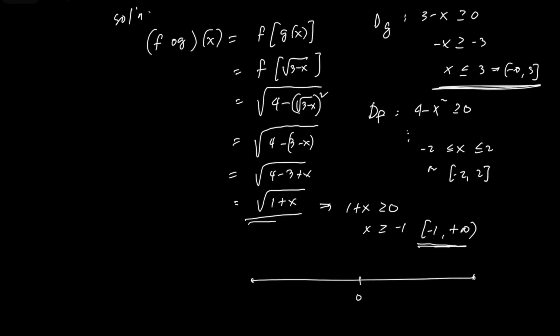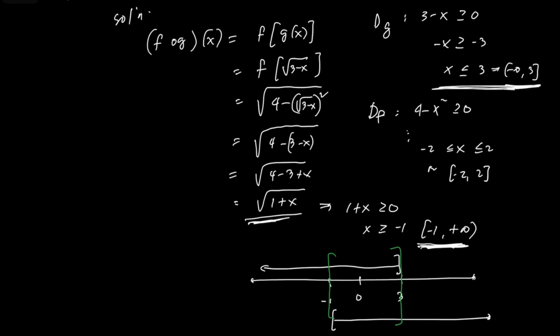So basically, if we take the real line, if this is 0, this is 3, the domain of g is from here, then this result is negative 1 to positive infinity. Now it is said to find the values of real numbers in this interval that are also found in this interval. So basically, you just have to get the intersection.